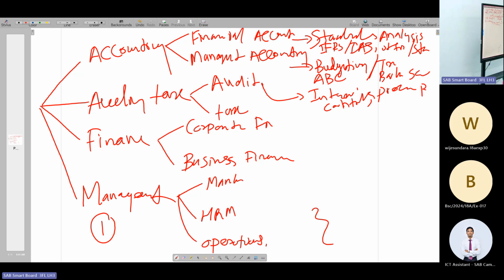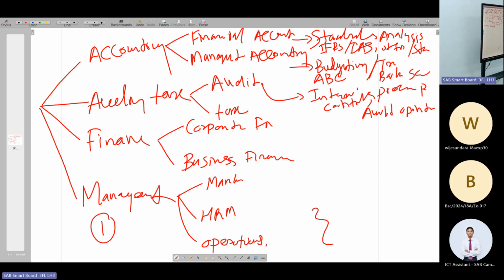Audit opinions. So then what else? Internal auditing, external auditing. And likewise, you can identify the sub areas coming under auditing.